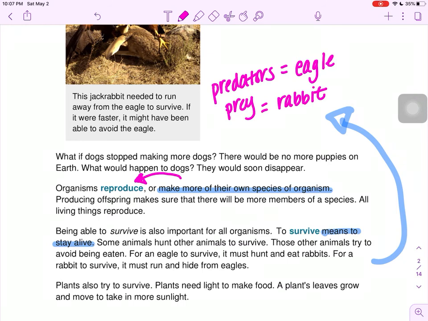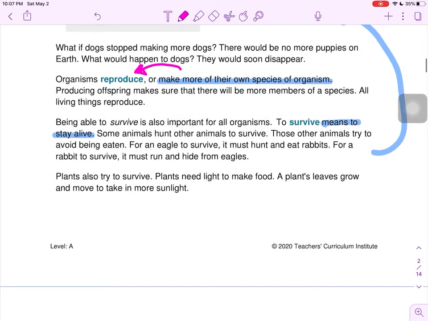Plants also try to survive. Plants need light to make food. A plant's leaves grow and move to take in more sunlight. And I know we've talked about this in some stories we've read in the past, or maybe some guided reading groups, like different environments or different habitats. There's different levels, like the rainforest, for example.